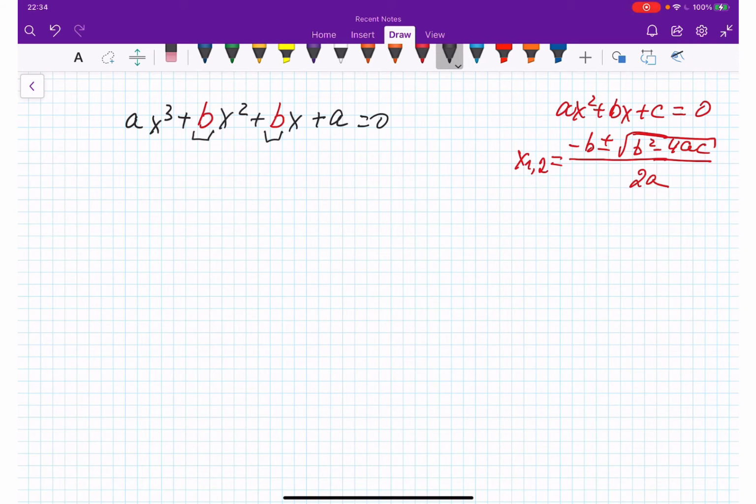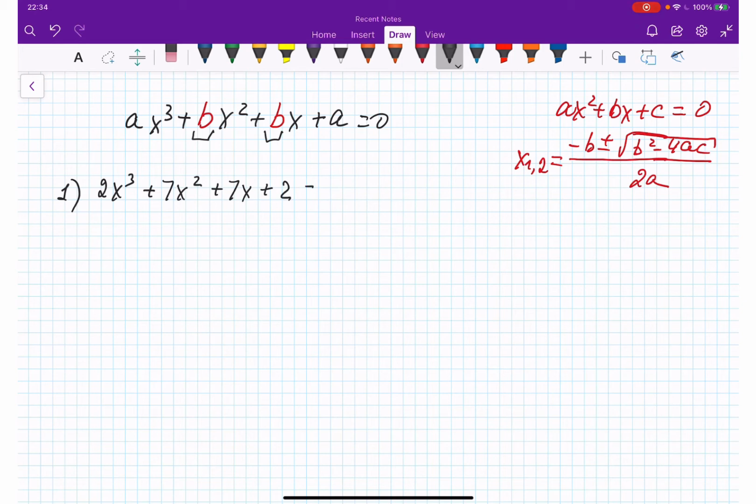Okay, let's see how we are going to solve. I'm going to show you an example. First example: 2x³ + 7x² + 7x + 2.